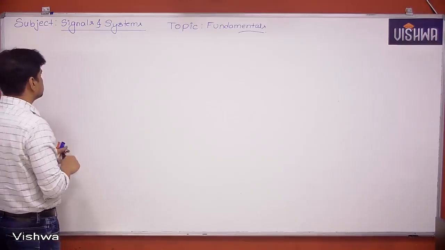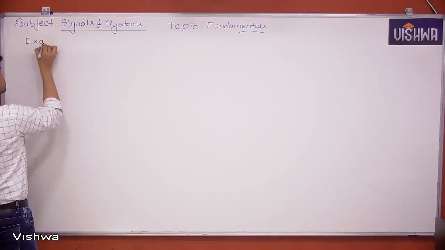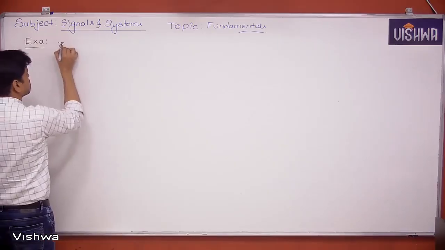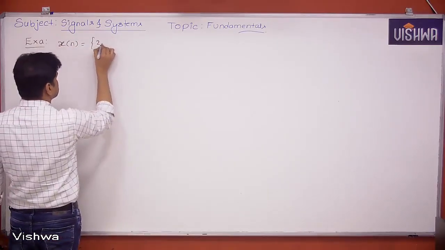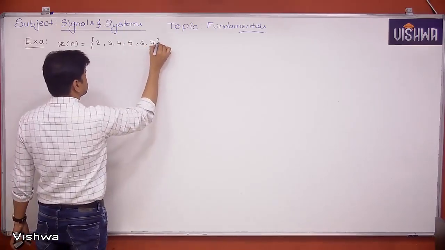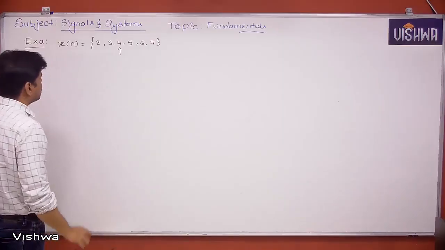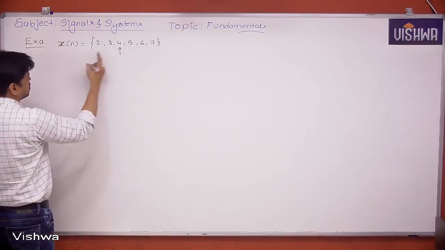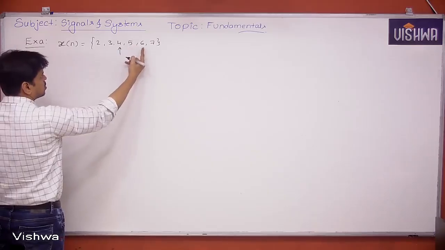Let's say one signal is given. I will take an example so that you can understand easily. x of n is equal to 2, 3, 4, 5, 6, 7, and here is the arrow. This arrow indicates the 0 position, then -1, -2, 1, 2, 3.